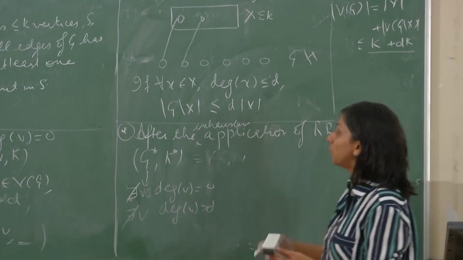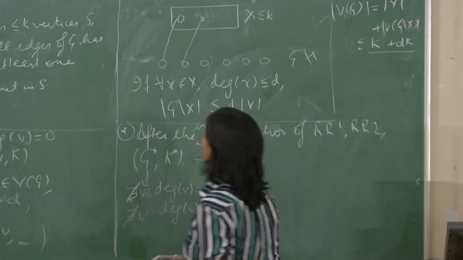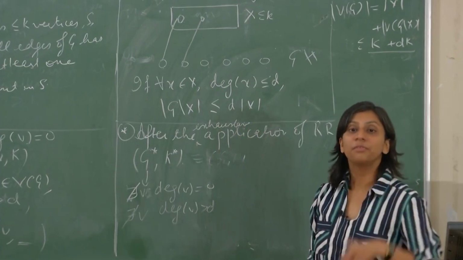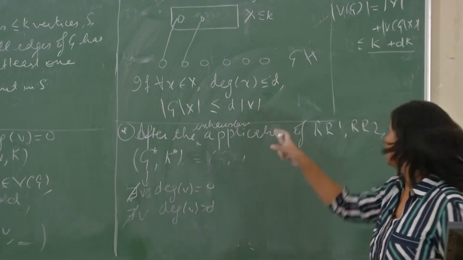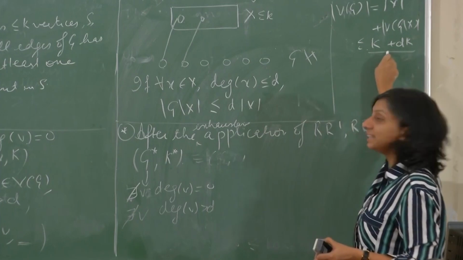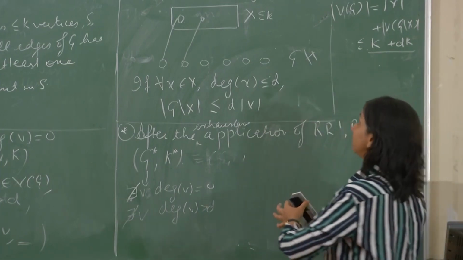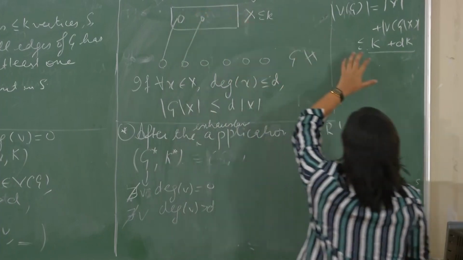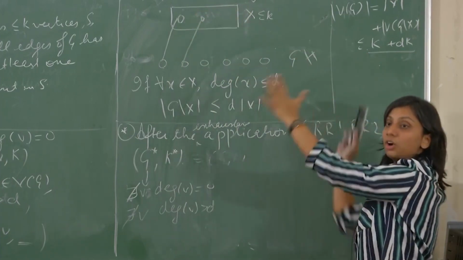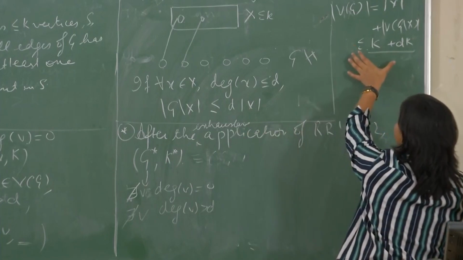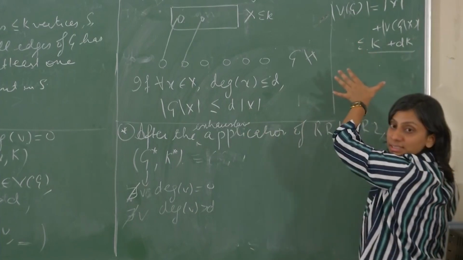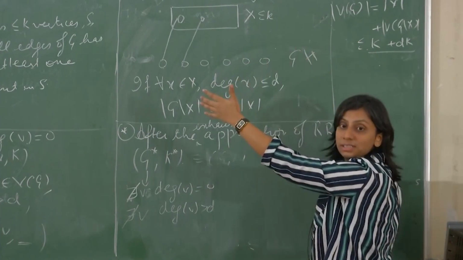So what we do is we apply these reduction rules, and then we check the number of vertices in the input instance. If it is greater than this number, then what do we know? This is the contrapositive. We proved that if it's a yes instance, then the number of vertices is at most this. The contrapositive is that if the number of vertices is more than this, then that's a no instance.